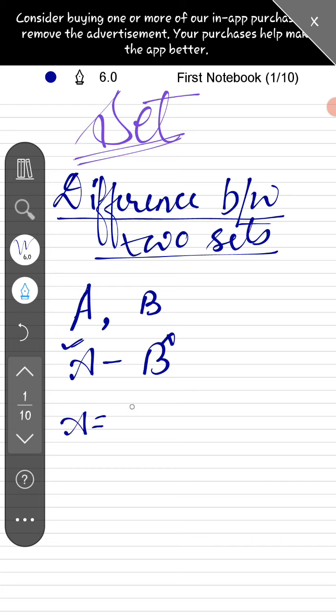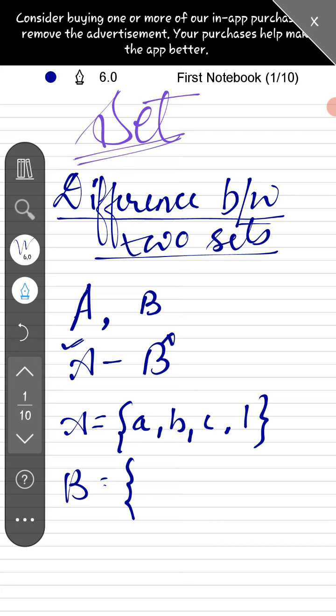So as an example, let's say we have a set A as {a, b, c, 1} and set B as {1, 2, 3, 4}.